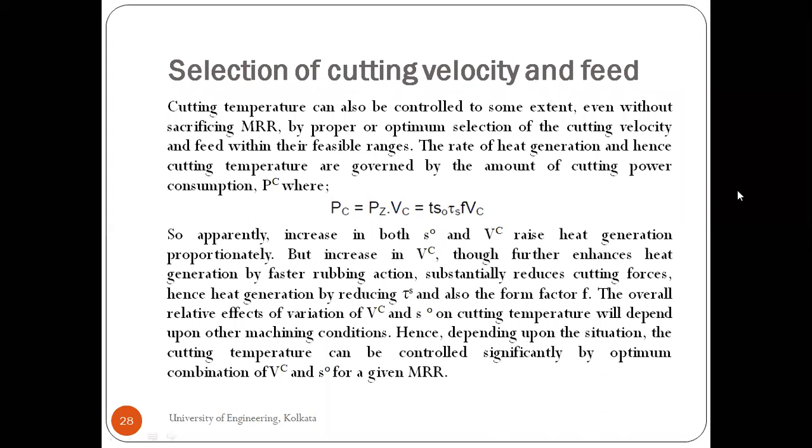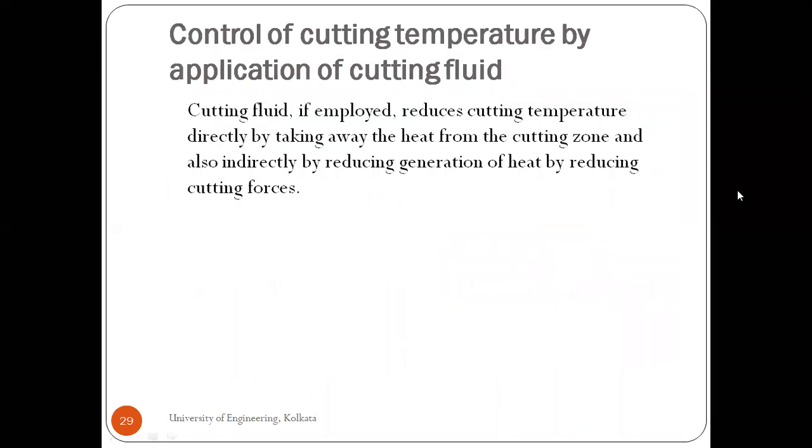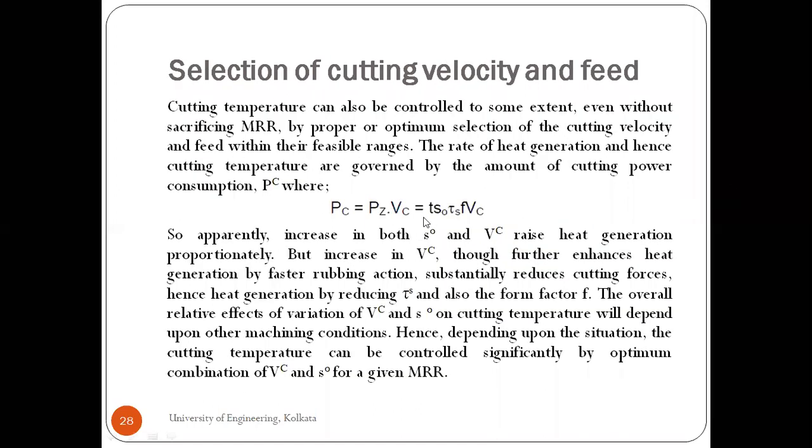So you cannot use the maximum possible value for feed and cutting speed, right? So you have to make sure you remember this relation. Everything here, as shown in the equation, is directly proportional to all the factors.